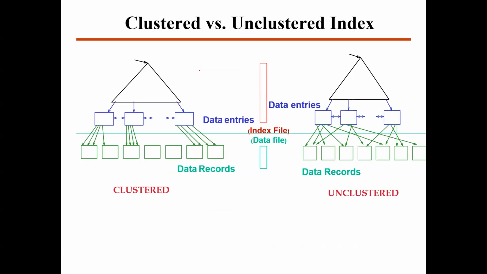Here, we see the difference between a clustered and an unclustered index. The clustered index is like we have a group of indexes. This is the index file, this is the data entry, this is the data record. So this is the index file and this is the data file. We have one cluster pointing to one block or two blocks, and so on.